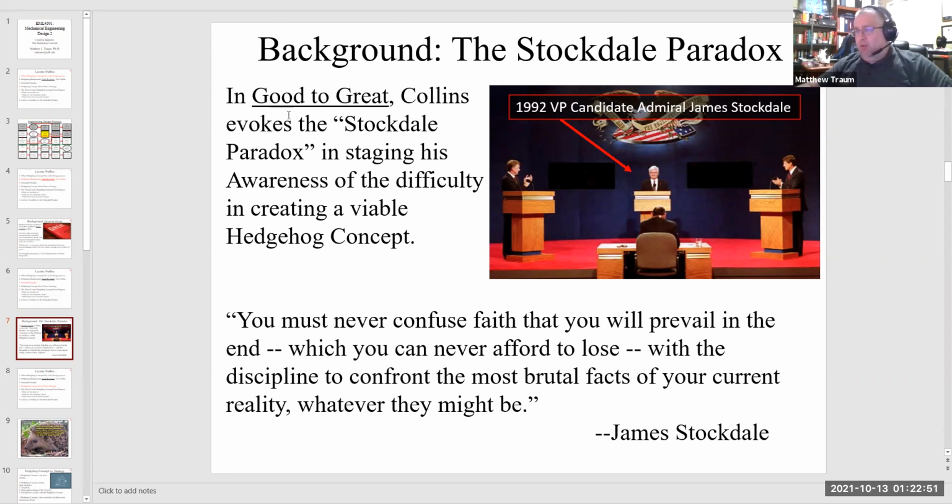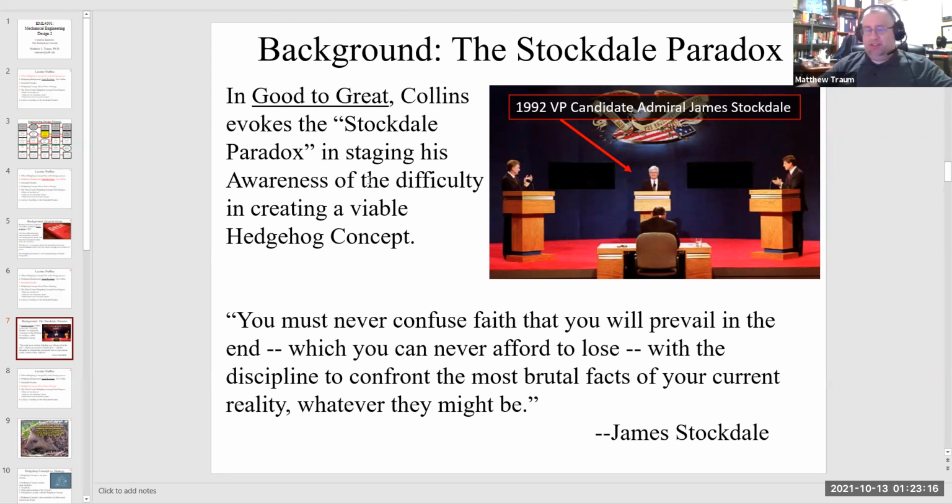And so in Good to Great, Jim Collins evokes what he calls the Stockdale Paradox, which is named, of course, after James Stockdale. And he puts the Stockdale Paradox in the context of awareness of the difficulty in creating a viable hedgehog concept.